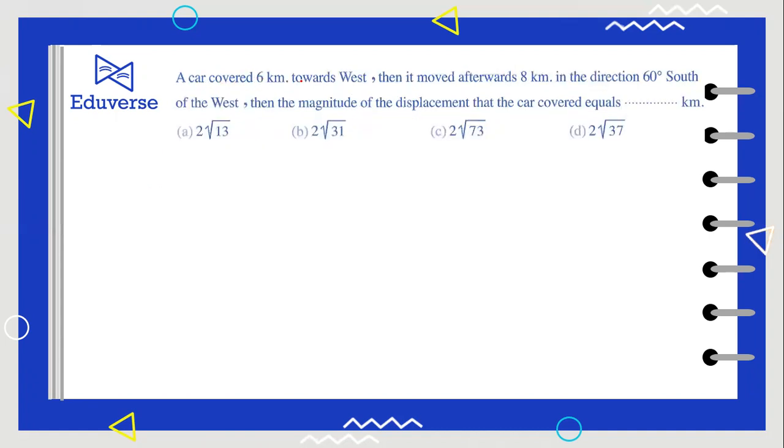Next example, a car covered 6 kilometers toward west, then it moved afterward 8 kilometers in the direction 60 degrees south of the west. I will draw the direction.